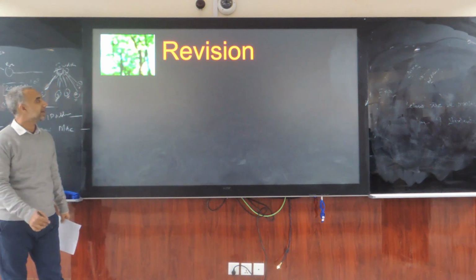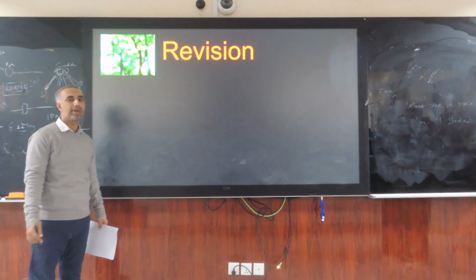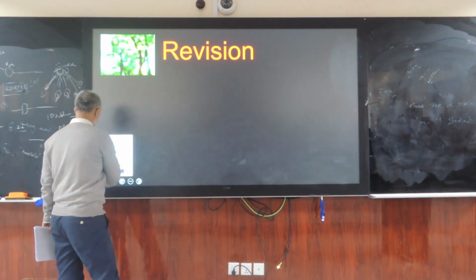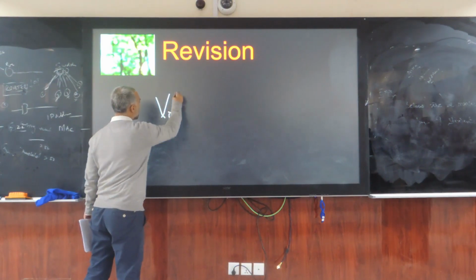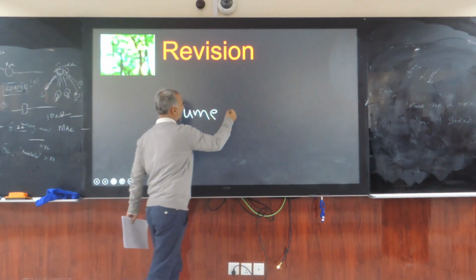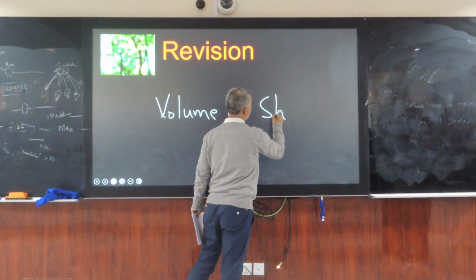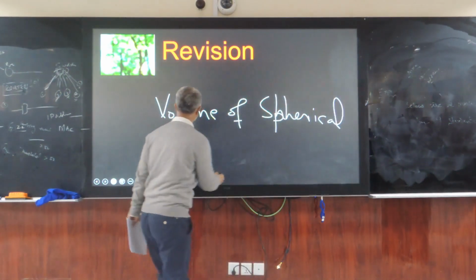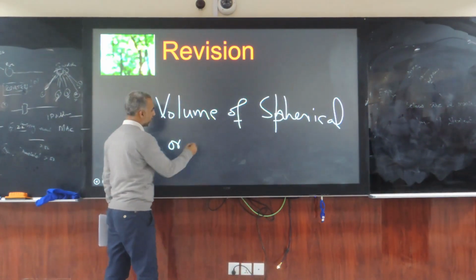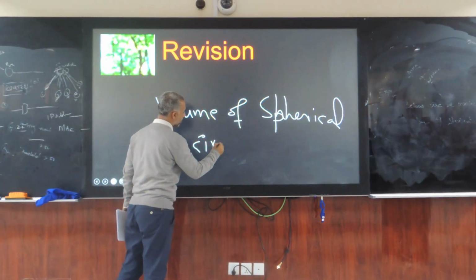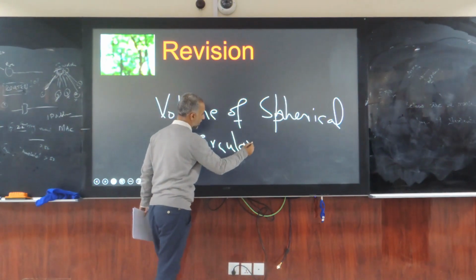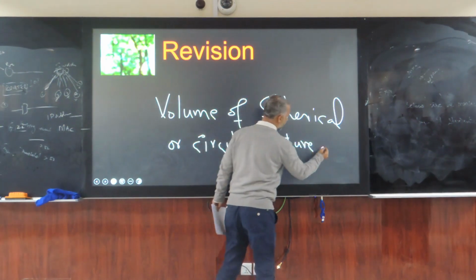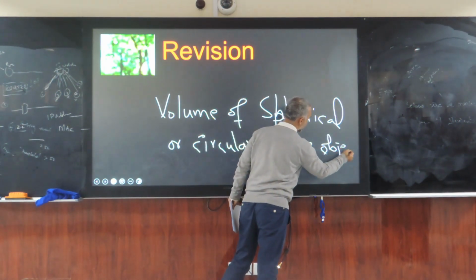In the last lecture, we discussed the volume of a spherical object. Now, how to determine the volume of a spherical or circular nature object?